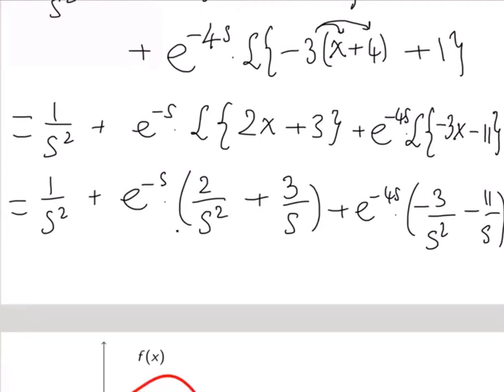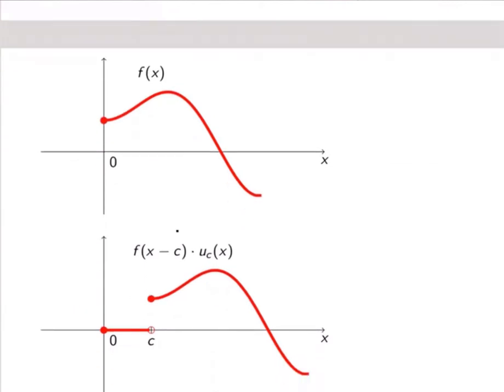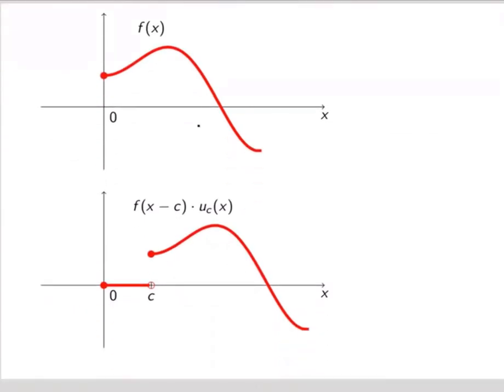Now using the formula for the Laplace transform of the cutoff function, we can derive another formula, something related but different. We call this a shift of a function.